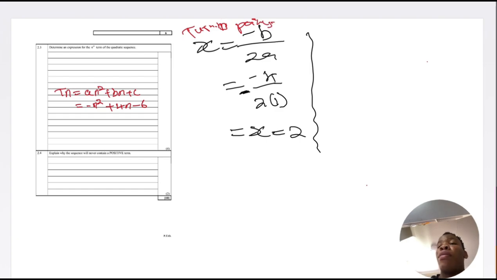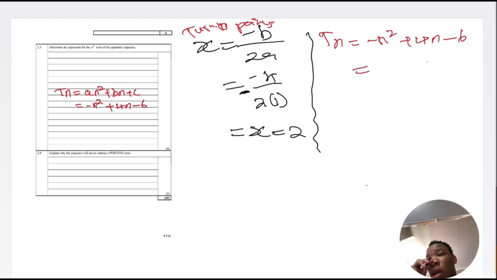Then we will have Tn equals minus n squared plus 4n minus 6. We just plug in the value for x. Therefore we have n equal to x this time.